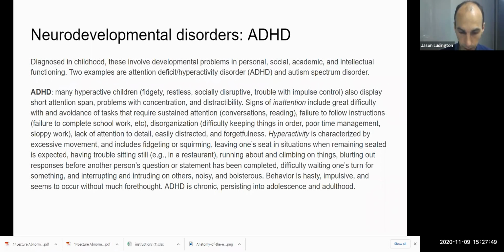They're less well liked and more often rejected by their peers. About 30% of adults who were diagnosed with ADHD decades earlier still show signs of it. You might consider testing yourself or seeing whether you could be diagnosed with ADHD. Not that it matters. If you want to know, you can.